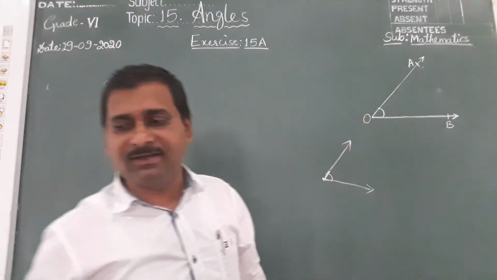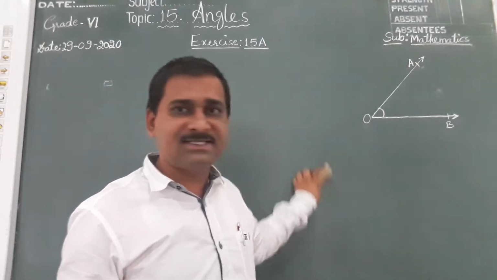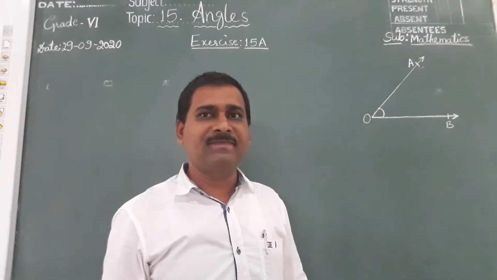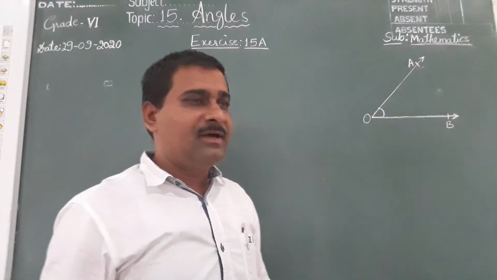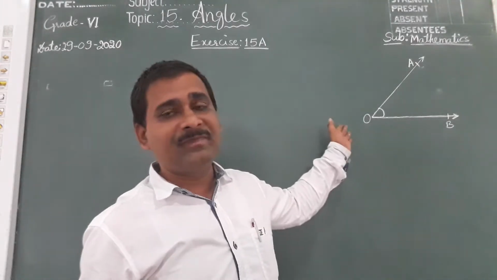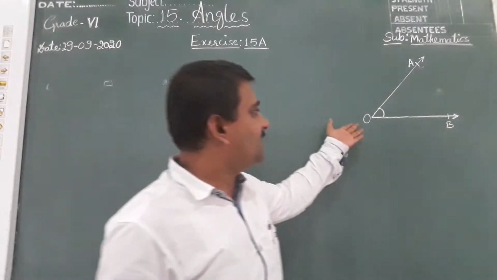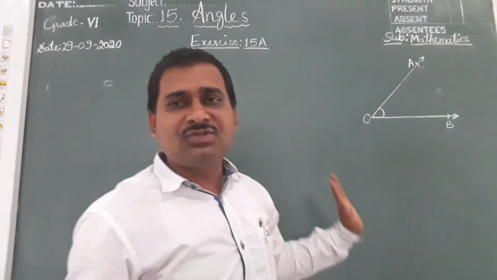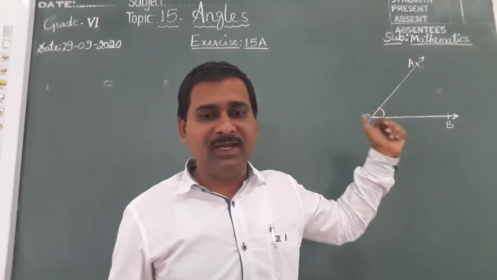O is the angle. Children, very basic things you should also learn, because in the exercise the questions are asked like: write the name of an angle, name the vertex, name the arms. Arms means what? These sides are called arms, children. Two arms are there for this angle, OA and OB.